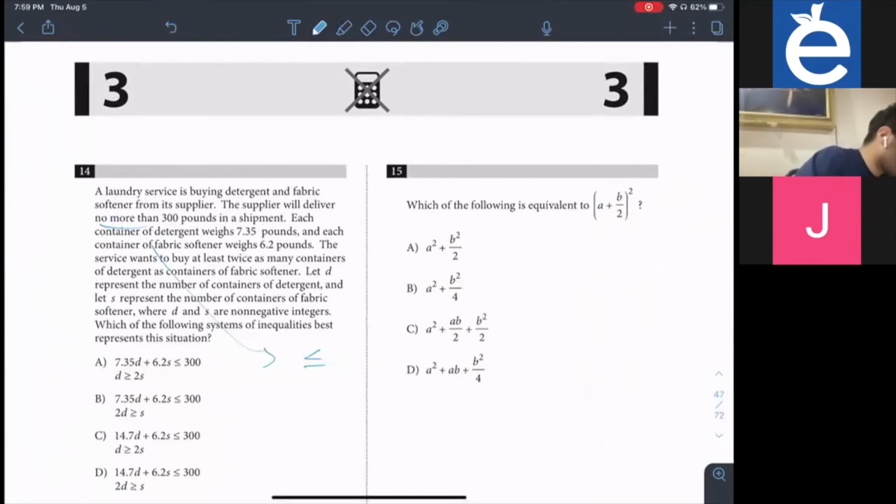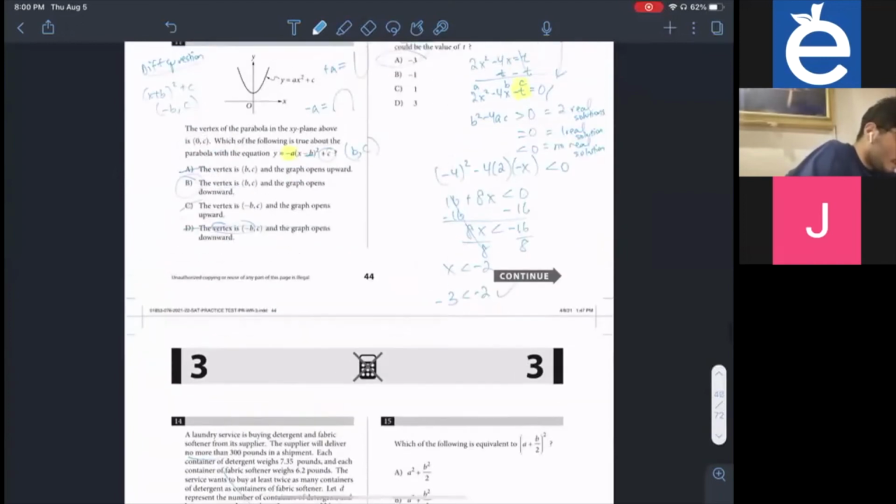Each container of detergent weighs 7.35 pounds, and each container of fabric softener weighs 6.2 pounds. The service wants to buy at least twice as many containers of detergent as containers of fabric softener. Let D represent the number of containers of detergent, and let S represent the number of containers of fabric softener, where D and S are non-negative integers. Which of the following system of inequalities best represents this situation?